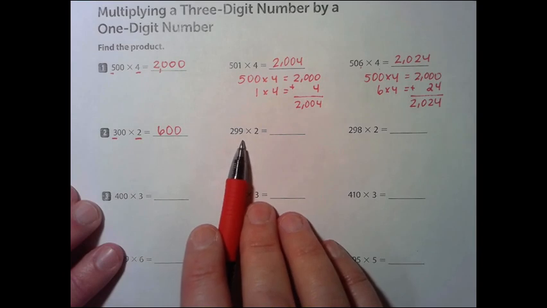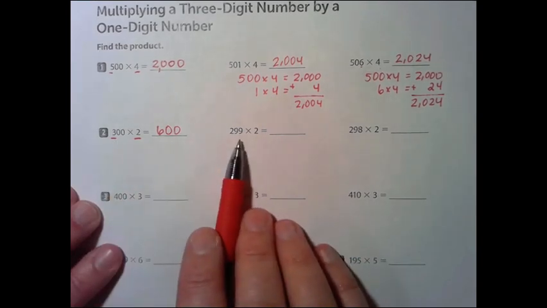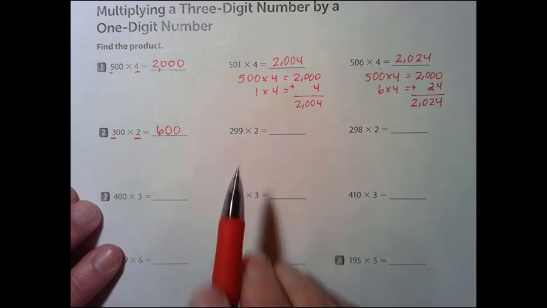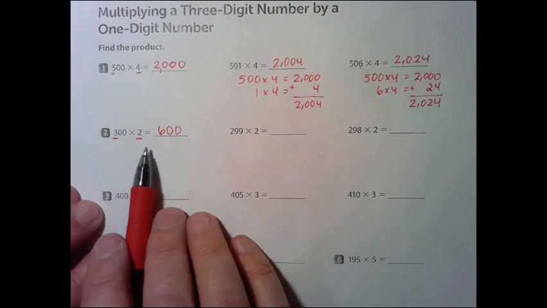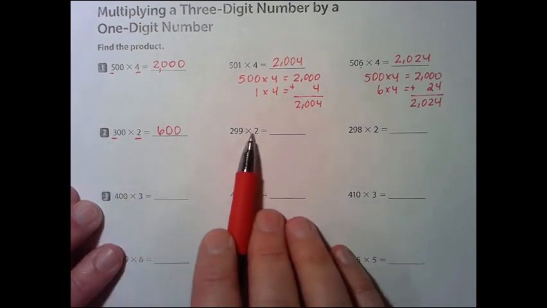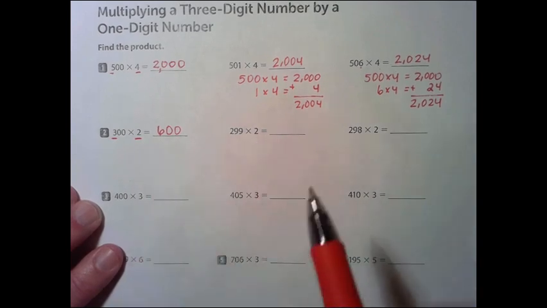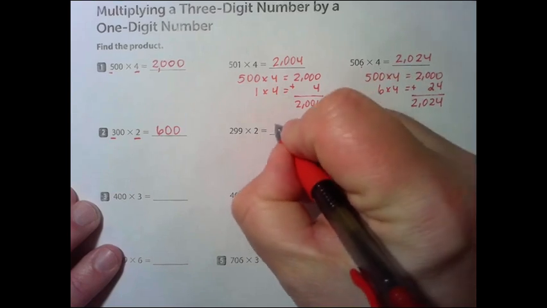Well, that is 1 less than 300, which means it's going to be 1 times 2 less, which is 2 less than the answer here. So 3 times 2 is 600. We're going to just take away one group of 2 from 600. And that, of course, leaves us with 598.